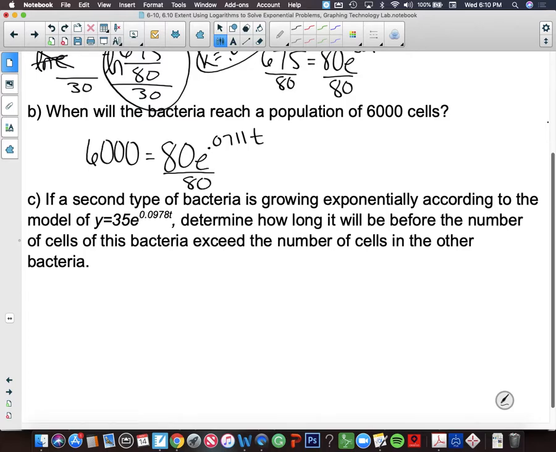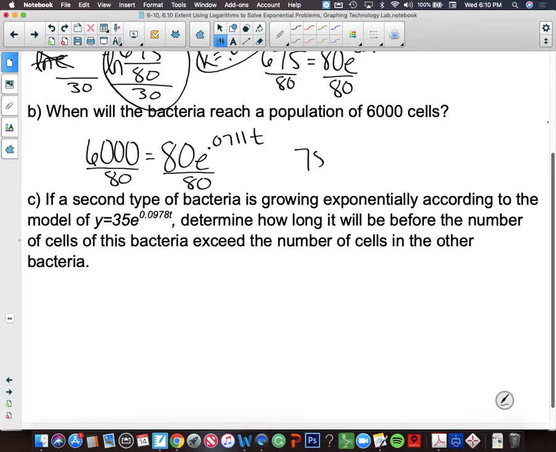So 80. All right, so I can do 6,000 over 80 in my calculator. That'll be an okay decimal. And you can do that if you wanted to as well. You can do this stuff first before you write the natural log. It doesn't matter. So 6,000 divided by 80 is actually 75.